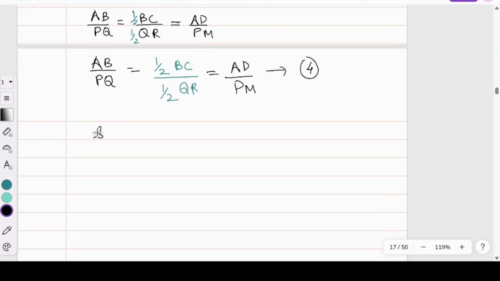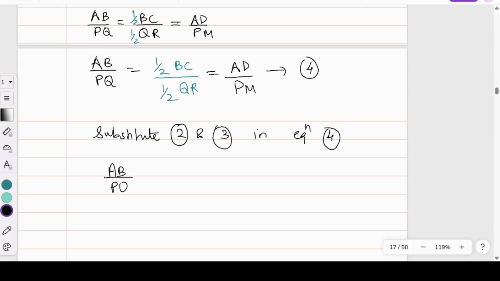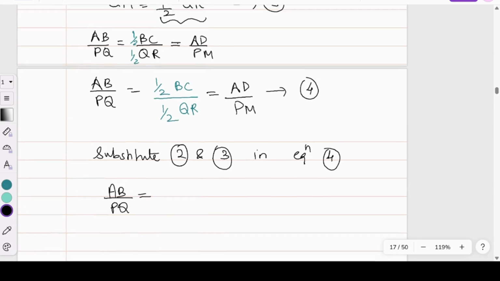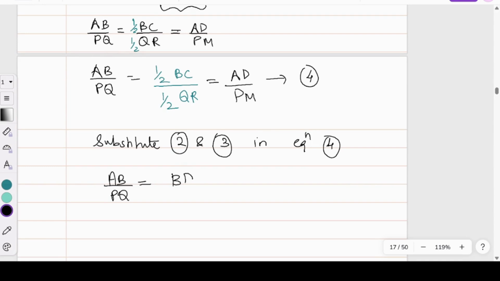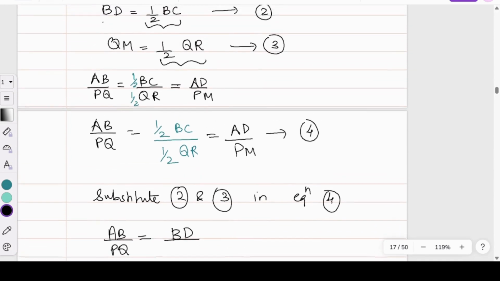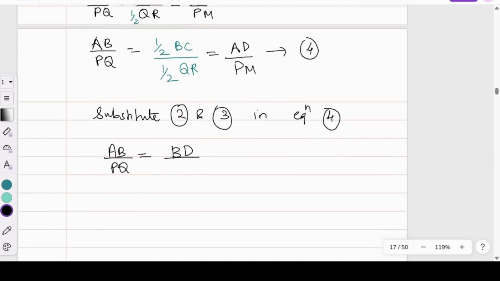Substitute 2 and 3 in equation 4. That is, AB by PQ equals, instead of half of BC, I will replace it by BD, and instead of half of QR, I will replace it by QM.